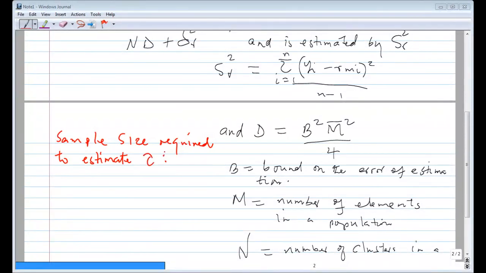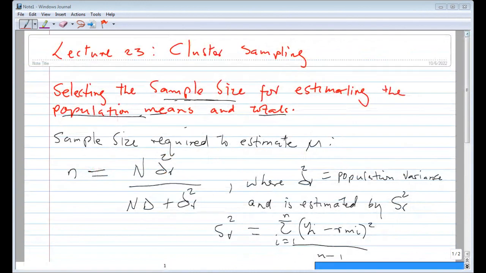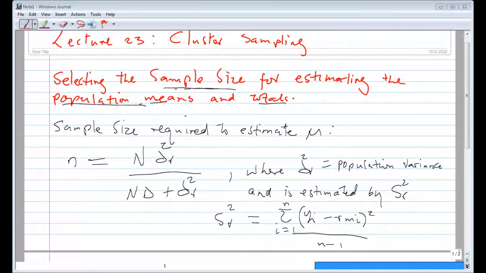Okay, so we use the same formula up there. See that formula? We use the same formula, this one. This is the same formula that we're going to use.